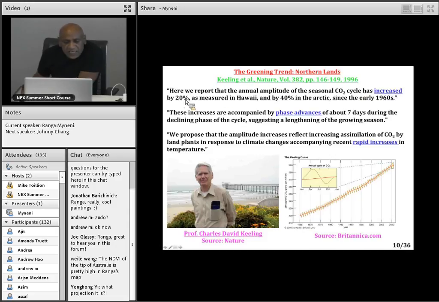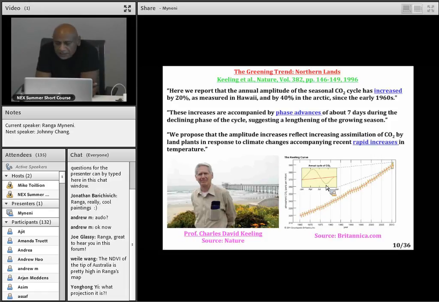Here he says, here we report that the annual amplitude of the seasonal cycle of CO2 has increased by 20% as measured in Hawaii, and by 40% in the Arctic since the early 60s. The amplitude that Keeling is talking about is the difference between the peak and the trough of this wiggly CO2 curve that you see.